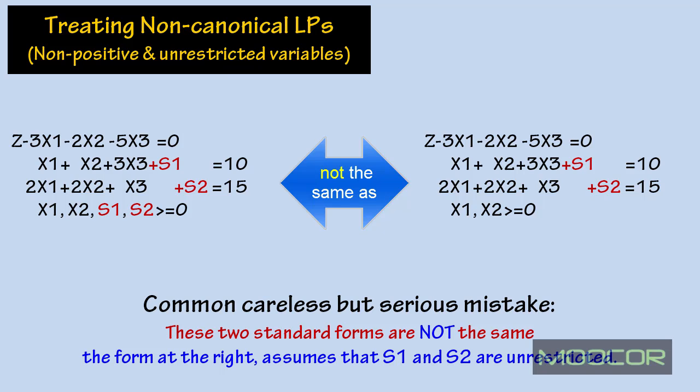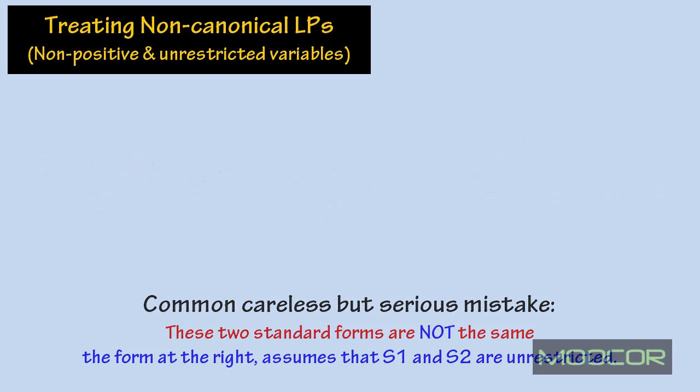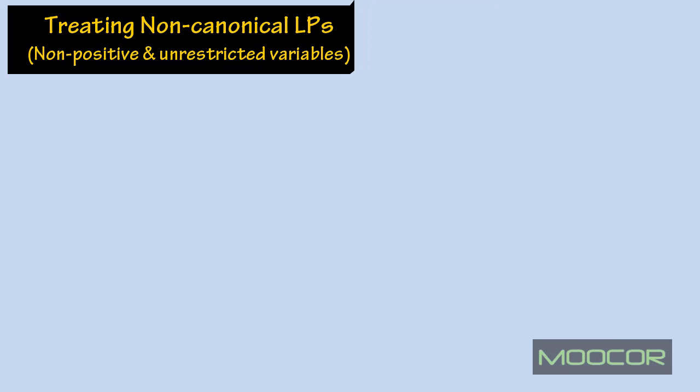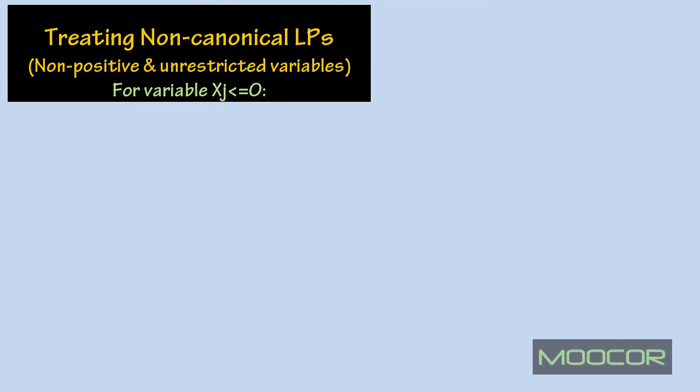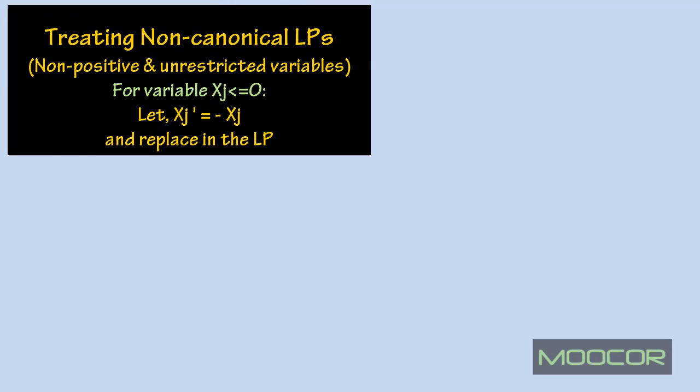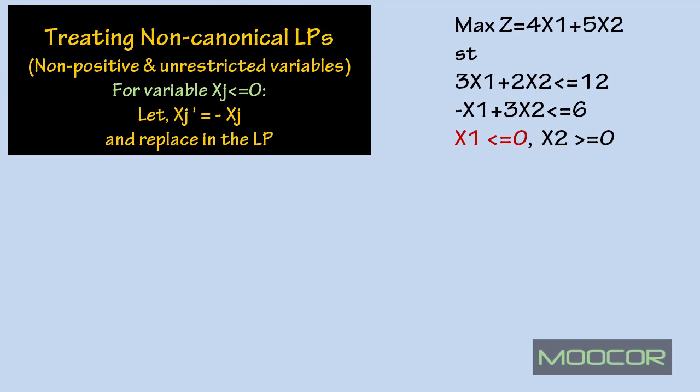So how do we treat these cases? We are going to exchange xj with a minus xj prime for the cases that the xj variable is less than or equal.